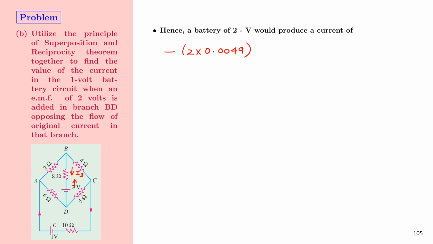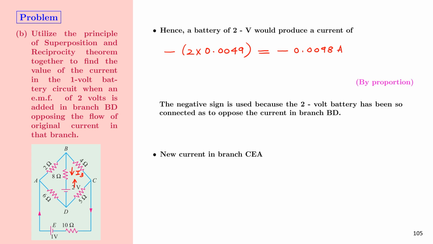Therefore, the current will have a negative sign, and this will be equal to negative 0.0098 ampere.